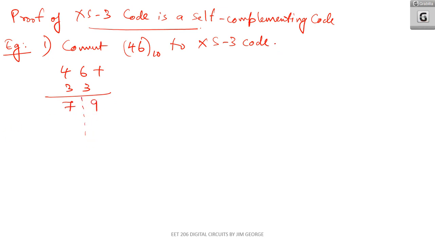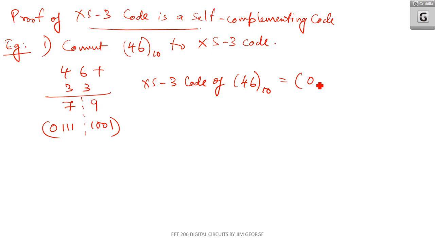So take the BCD of it. What is 7? It is 0111. What is 9? 1001. So the XS3 code of 46 to the base 10 is 0111 1001. That is the corresponding XS3 code.